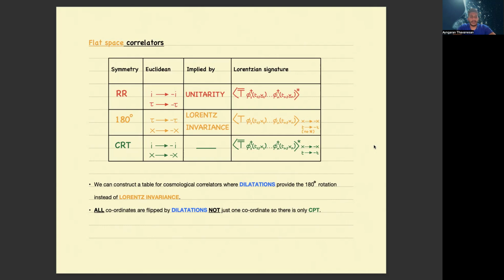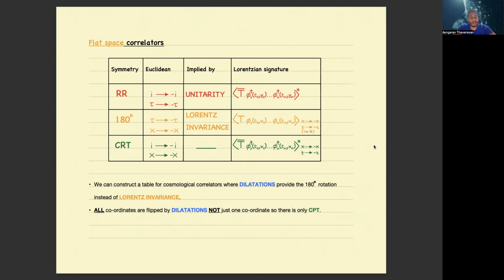And similarly, CRT also relates a time-ordered correlation function to an anti-time-ordered correlation function with an overall complex conjugation, but also flips one of the spatial coordinates and the time coordinate. And then the 180-degree rotation, which is implied by Lorentz invariance, preserves the time ordering, but flips one of the spatial coordinates and the time coordinate.